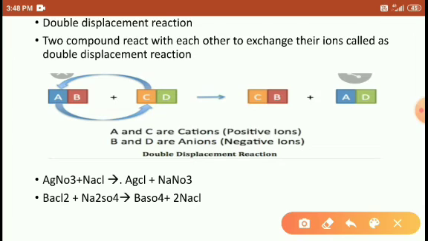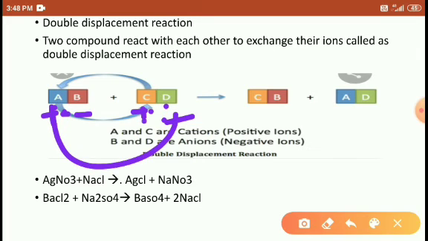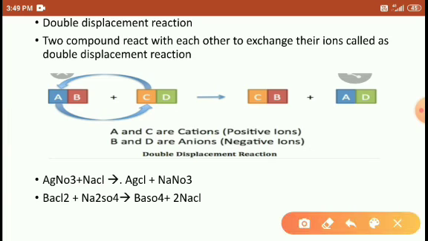In a double displacement reaction, both compounds exchange their respective ions. A compound contains ions, one positive and one negative.